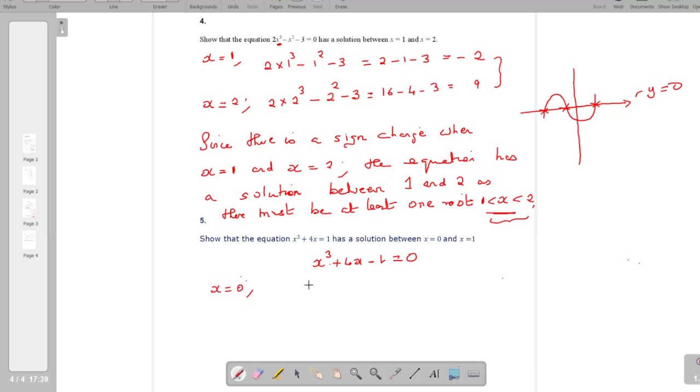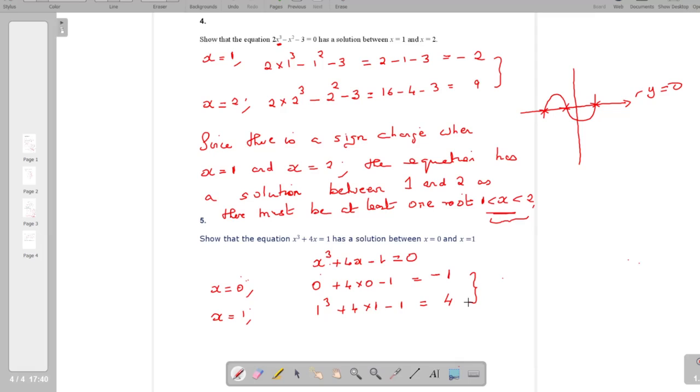When x equal to 0, that will be 0 plus 4 times 0 minus 1, which is minus 1. When x equal to 1, 1 cubed plus 4 times 1 minus 1, that is 4.